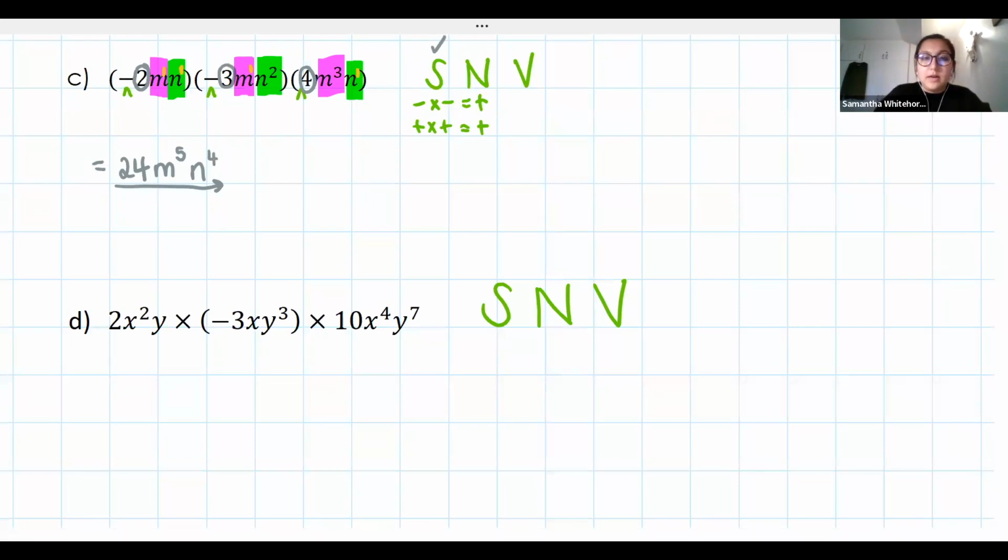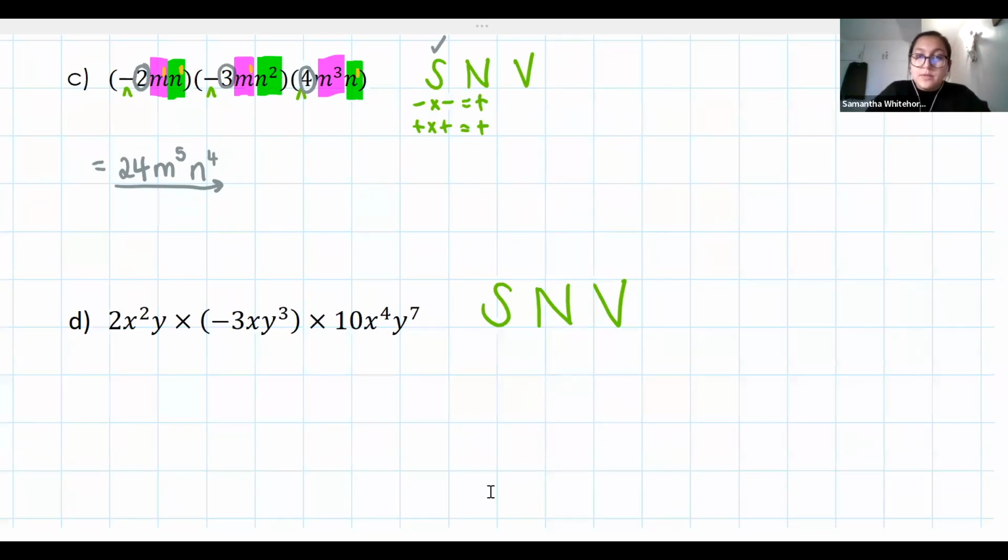Remember, guys, whenever there's a negative, you need to think very carefully about whether or not your answer is going to be positive or negative. Remember your exponent law. Remember that when you're multiplying, we add exponents.